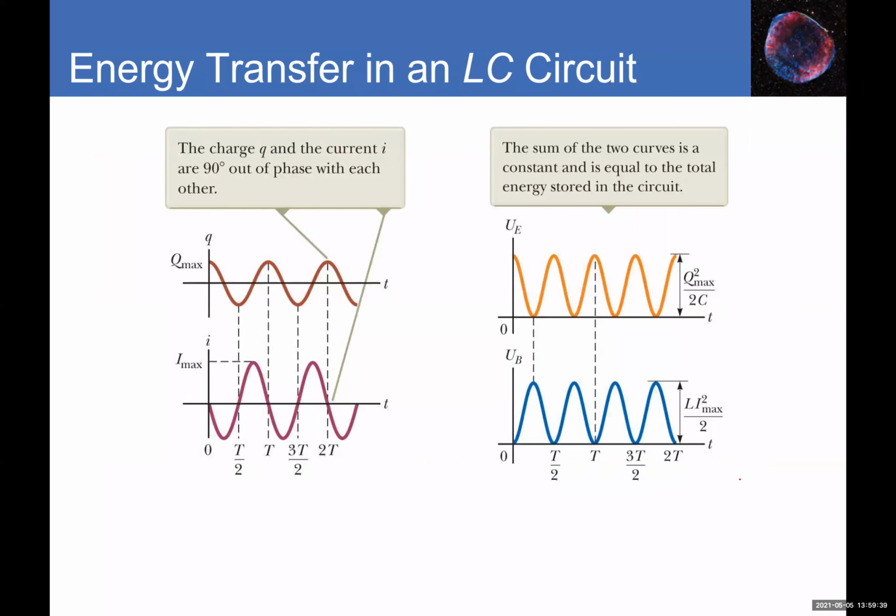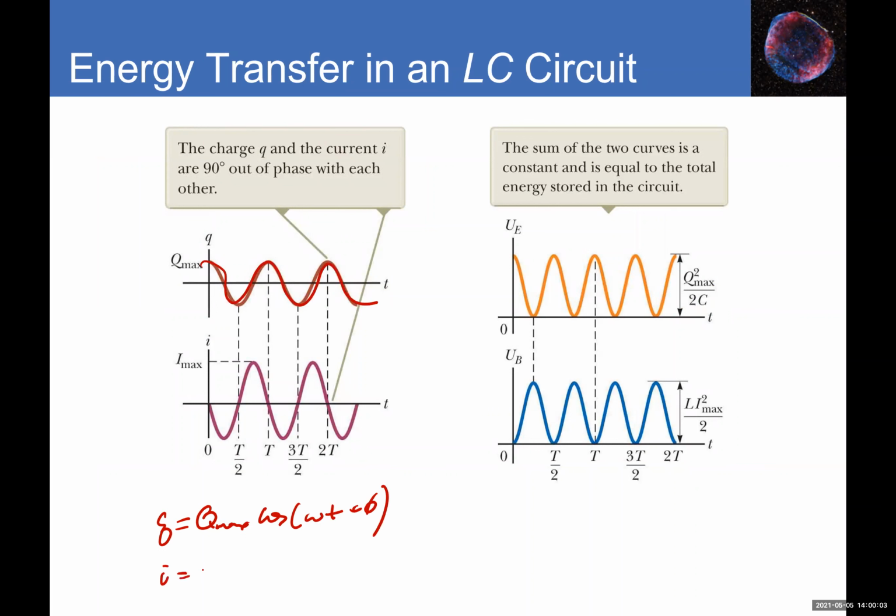All right, and if we try to plot the Q max, I max, and also the energies, what we basically get here are sinusoidal graphs. Remember, Q equals Q max cosine of omega t plus phi. So it's a cosine graph like this.